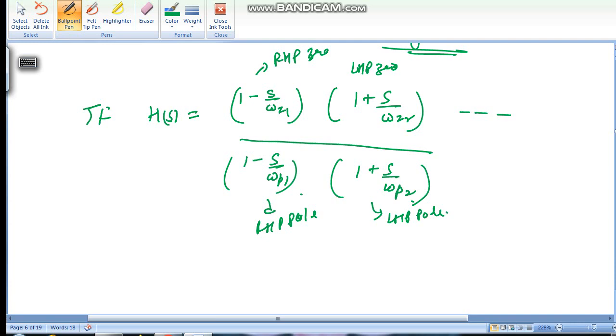Now if we have different types of poles and zeros in our system, it is going to impact Bode plot, its magnitude and phase, in different ways. Now let's see one by one how left hand pole or right hand pole is going to impact our Bode plot. We will also see how right hand plane zero or left hand plane zero is going to impact our Bode plot.